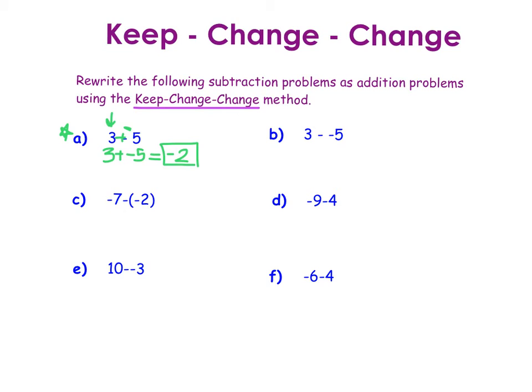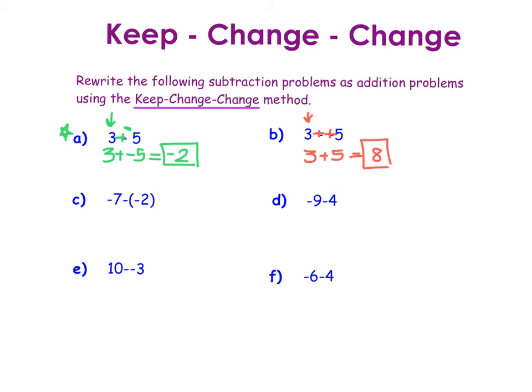So there's our result. Moving on to example 2. This one looks very similar, but this one is 3 minus a negative 5. Again, we keep the first one, change to addition, change the sign of the second number. So 3 minus negative 5 becomes 3 plus 5, which is 8.